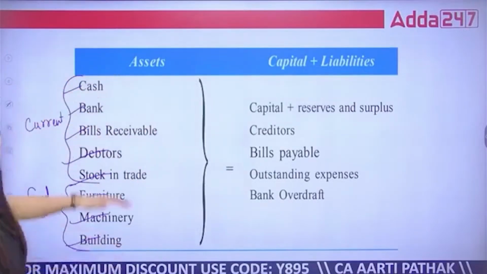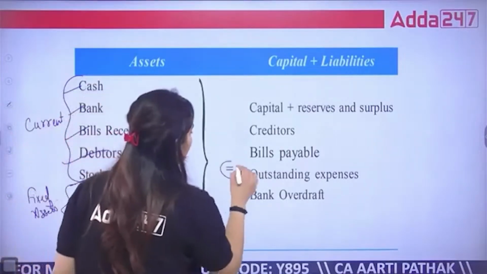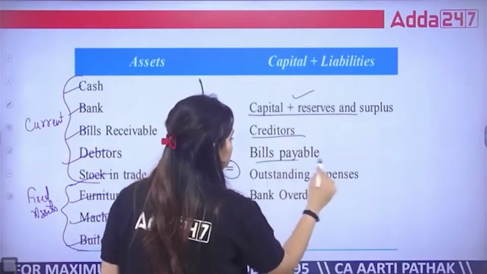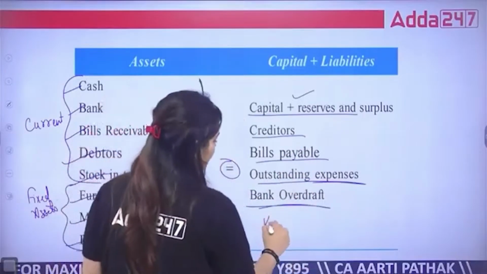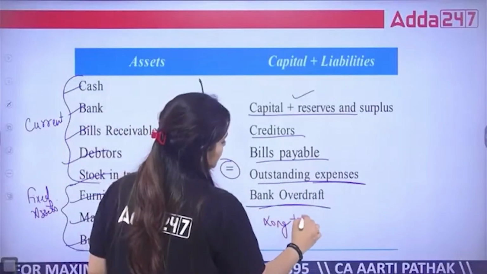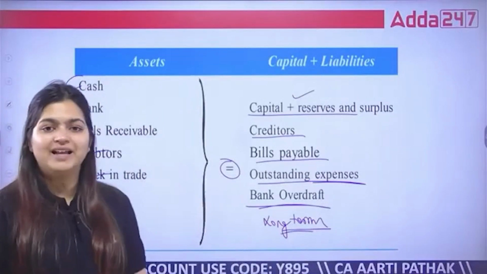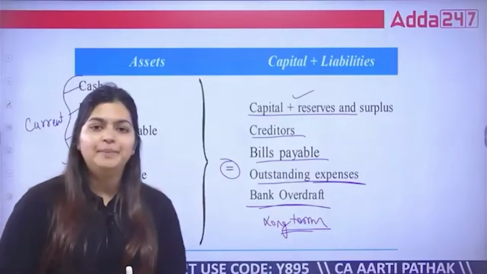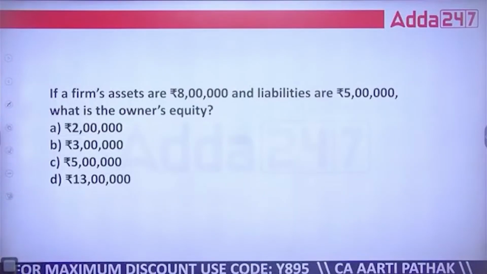The total value needs to be equal to your capital, reserves and surplus, creditors, bills payable, outstanding expenses and bank overdraft, or any long-term loan. Both sides of your balance sheet need to be tallied. So this is about assets, capital plus liabilities. Okay, so let's solve a few questions based on this.